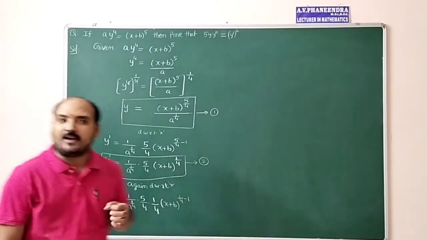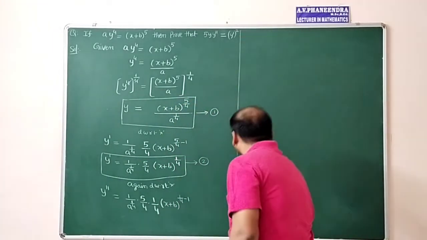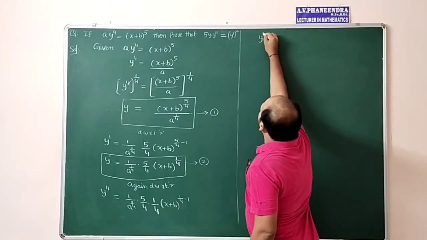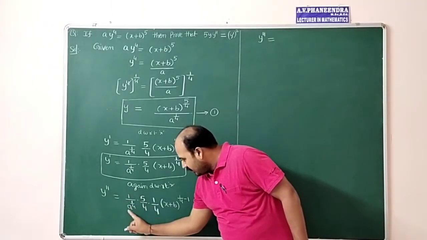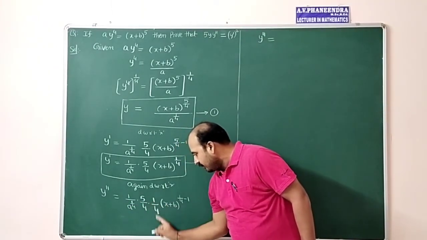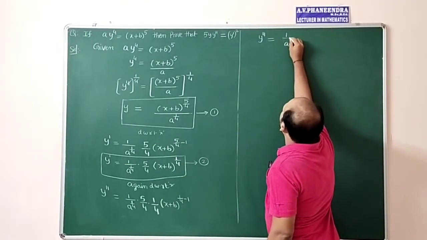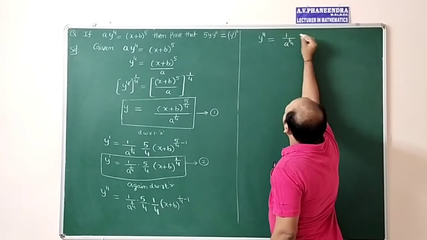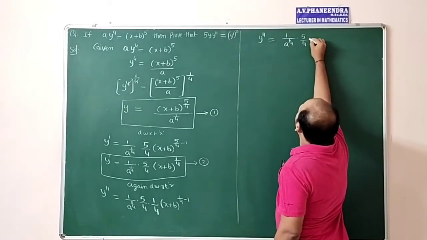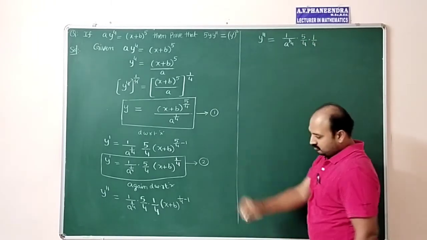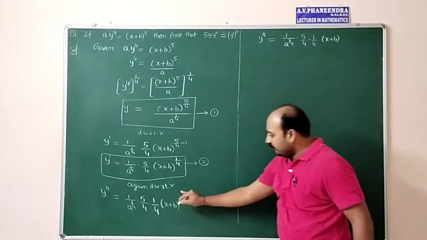That is, we can write y double dash equal to 1 by a power 1 by 4 into 5 by 4 into 1 by 4 into (x plus b) whole power 1 by 4 minus 1.